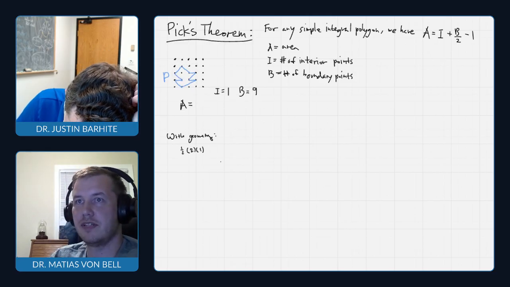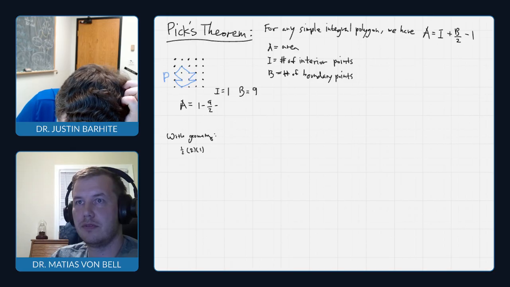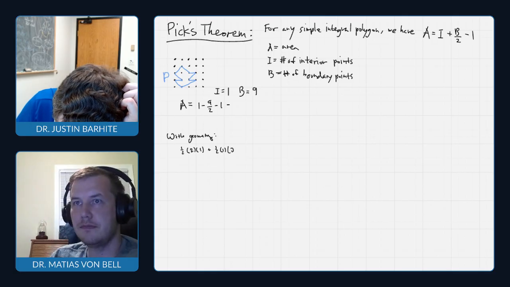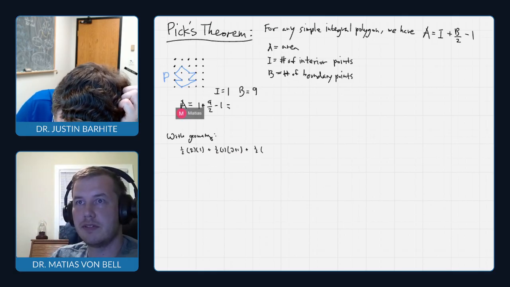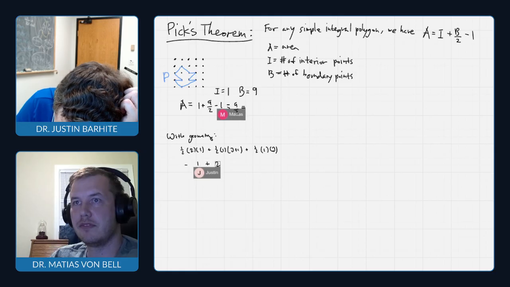Good. So the claim is that the area is then 1 plus 9 over 2, minus 1, sorry, there was a wrong sign there. So the area is 9 over 2, or 4.5.